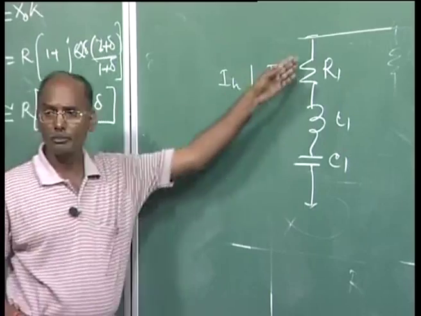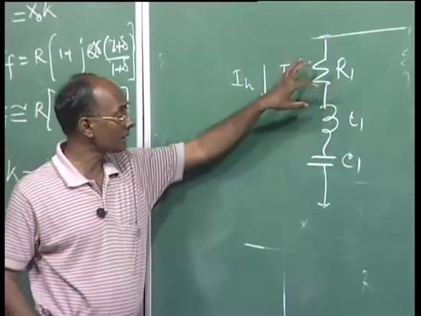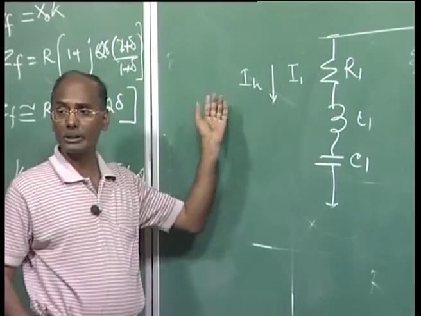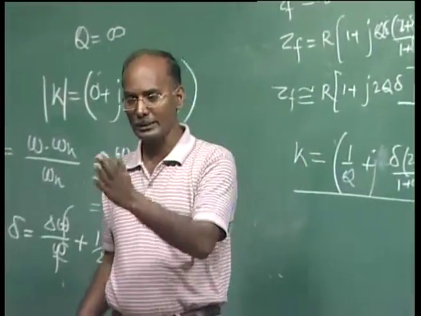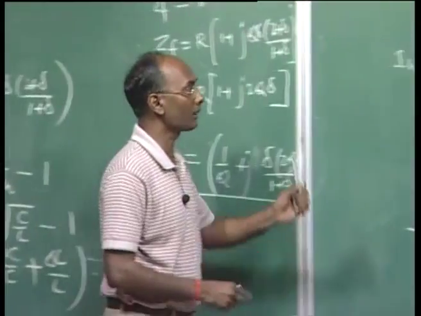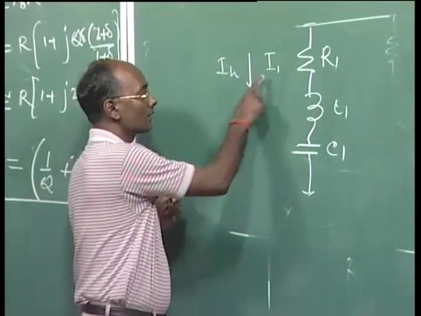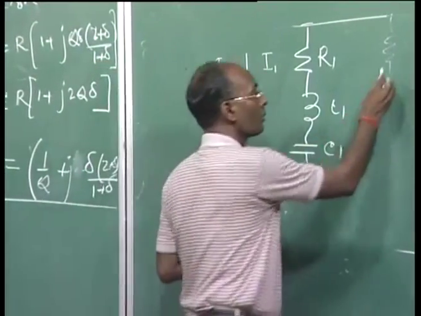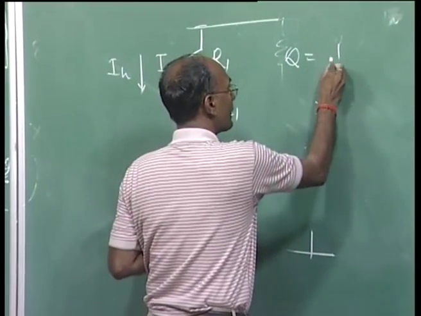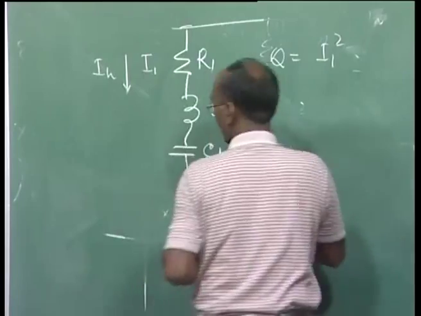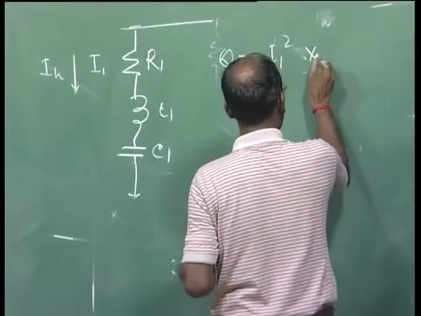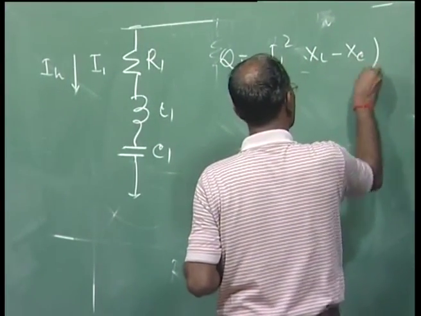Because it is offering impedance for all these components, current is flowing for I1, I2, I3, whatever, although I2 is 0, so I5, I7, I11, all the components. So I want to show that this reactive power Q is defined as I1 square into this reactance, XL minus XC.